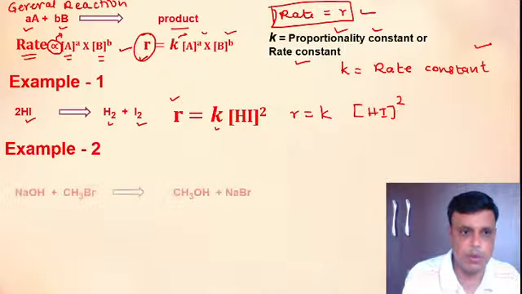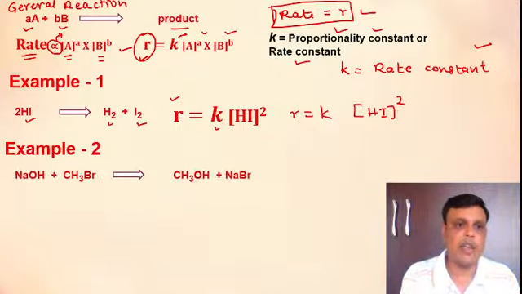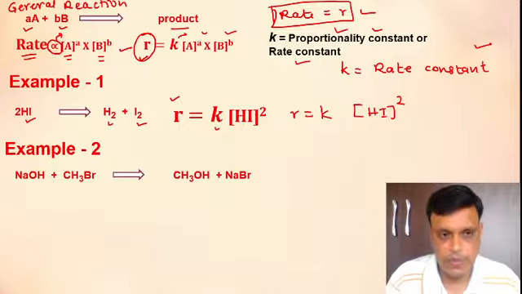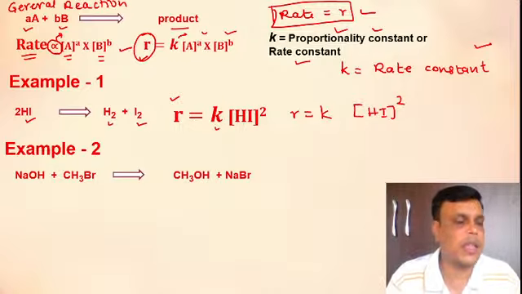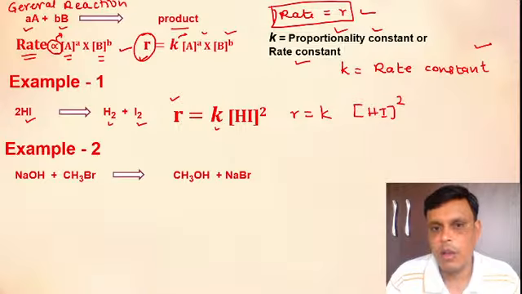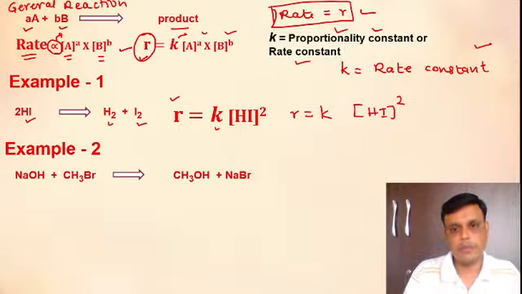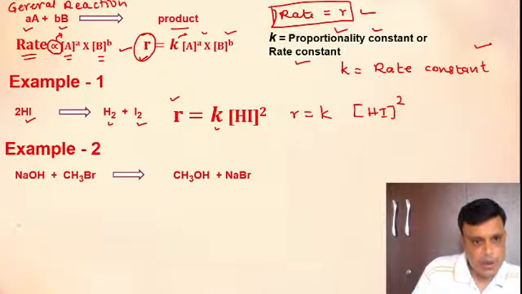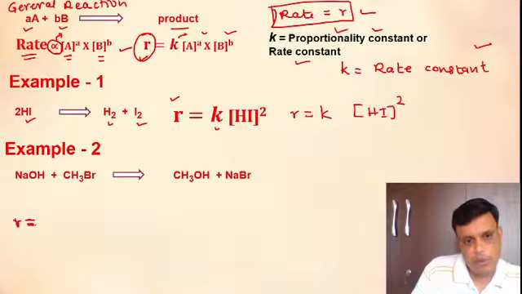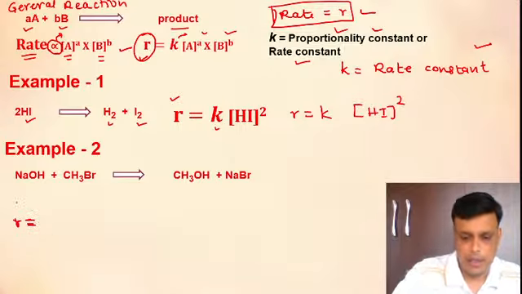Now example number 2. For these reactions, NaOH plus CH3Br gives you CH3OH plus NaBr. So sodium hydroxide plus methyl bromide gives you methanol plus sodium bromide. In these reactions you have to write down R is equal to.